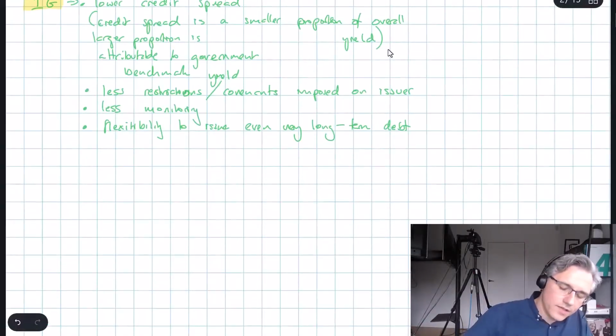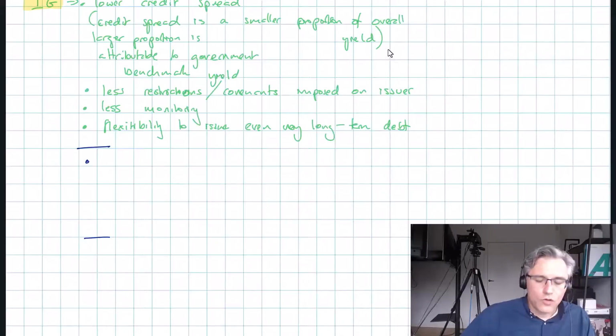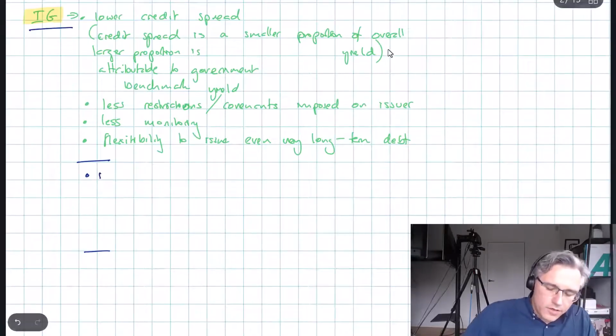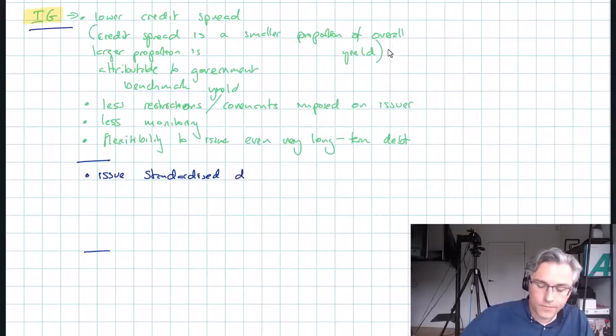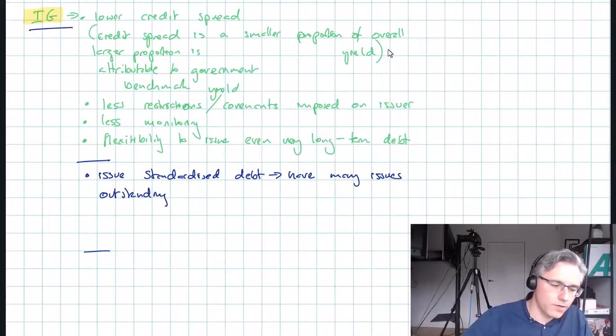And another point, and this is very important for understanding how the market works. Good quality or investment grade issuers typically issue pretty much standardized debt. So standardized bonds, corporate bonds, and they will have many issues outstanding at once, right?